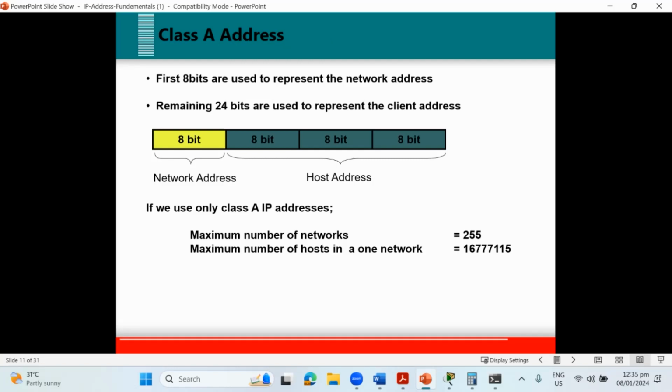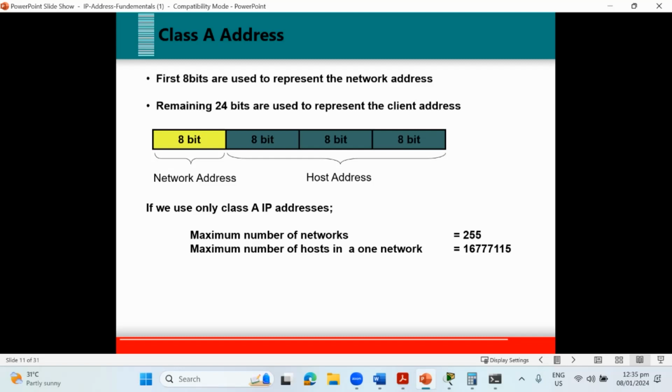Pero in each group or each network, sabi dyan, maximum number of hosts o maximum number of PC in one group is 16,777,155 hosts.